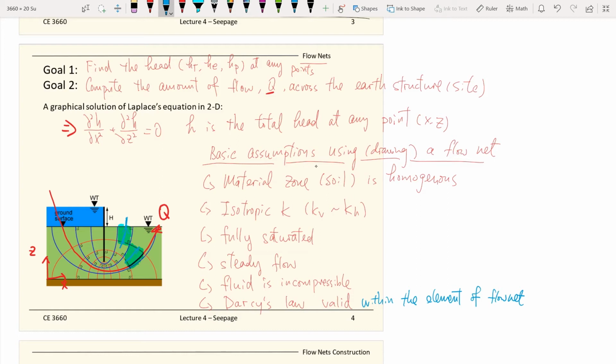So this is the beauty of using the flow net. Now you break down your site into different smaller elements that represent the solutions of the Laplace equation. And meanwhile, the flow going through each element fulfills Darcy's law, because now the water going through each element is a straight line.